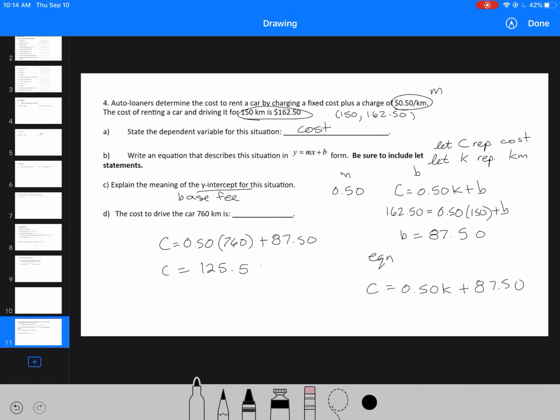Oh, good point here to double check your answer. I had an extra 0, so 0.5 times 760 plus 87.50, 467.50 as our final answer there.